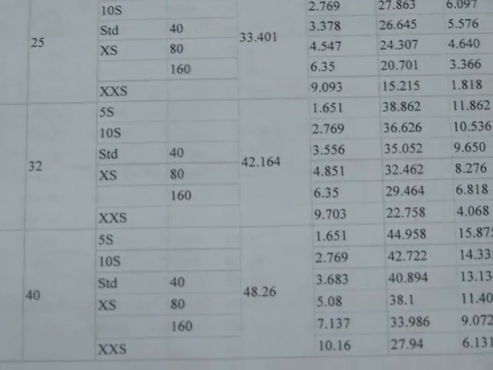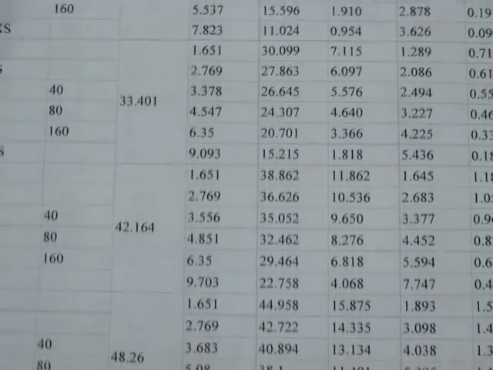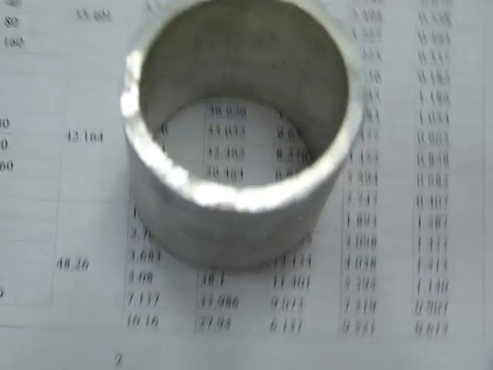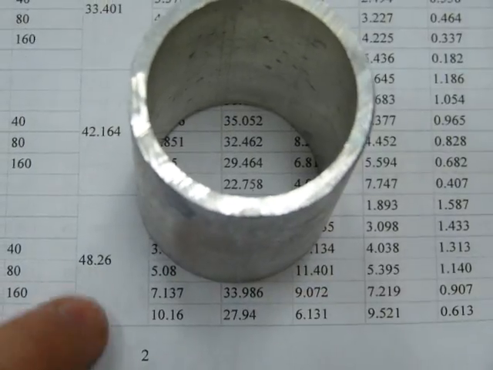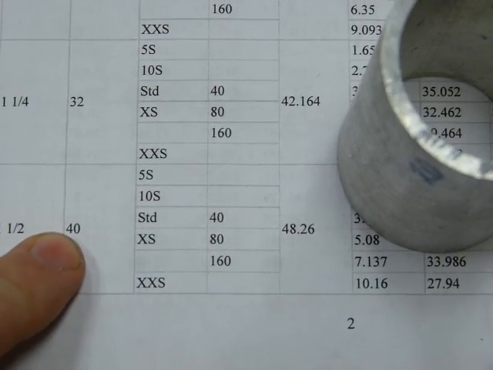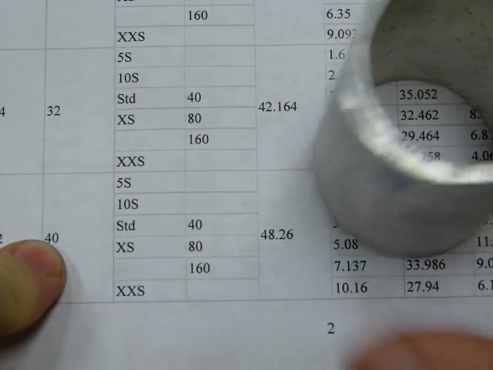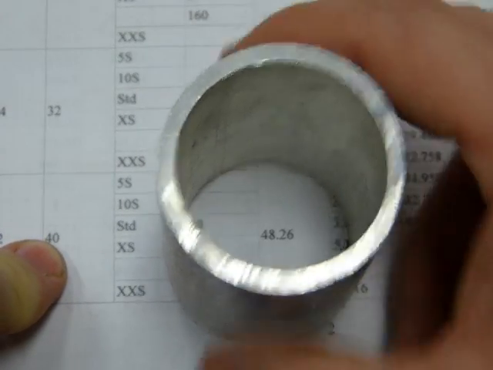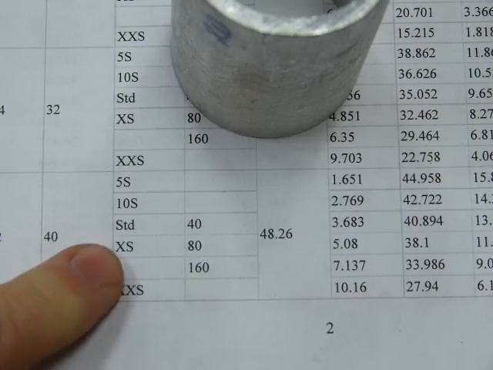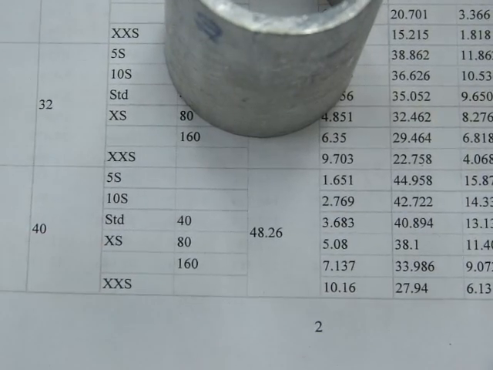Finally, let's look at something. How much does this pipe, a meter of this pipe, weigh? This pipe is a 40 millimeter pipe, and I didn't measure the wall thickness of it, but let's pretend this is a standard pipe. So this is how you read it.